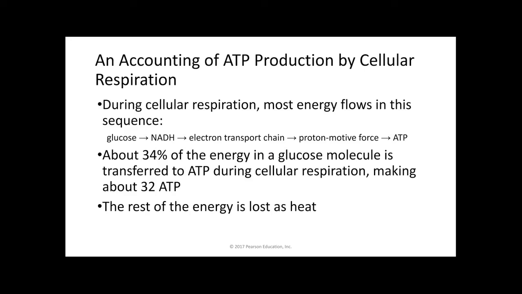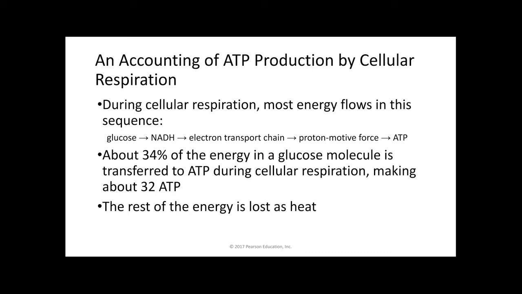So during cellular respiration, this is what we have. You have glucose coming in, you have NADH being the carrier, you have deposited electrons in the electron transport chain that drives a proton motive force through your ATP synthase in order to make ATP. 34% of the energy from a glucose molecule is going to be transferred to your ATP, which is our main energy source, in order to make a total of 32 ATP.